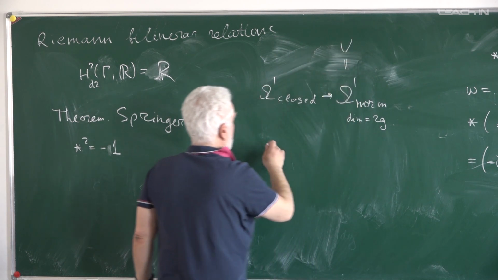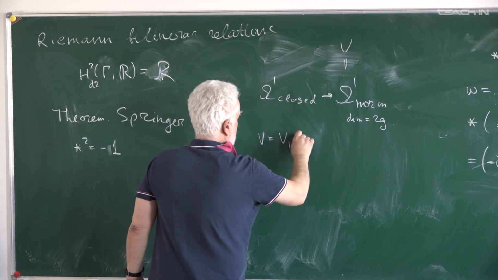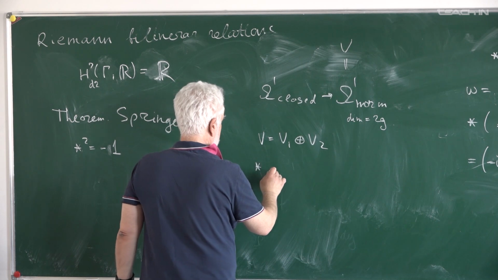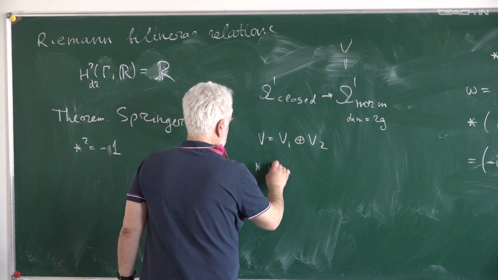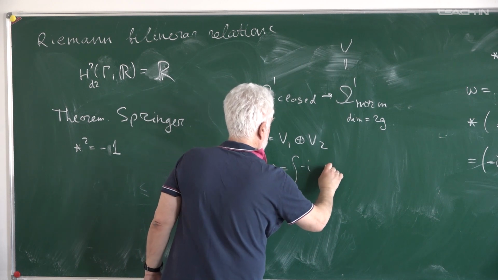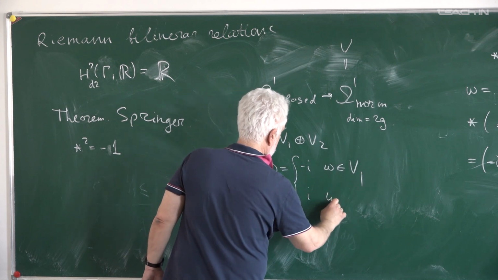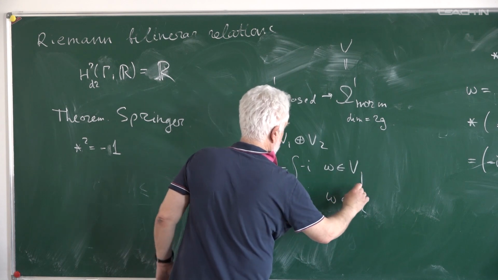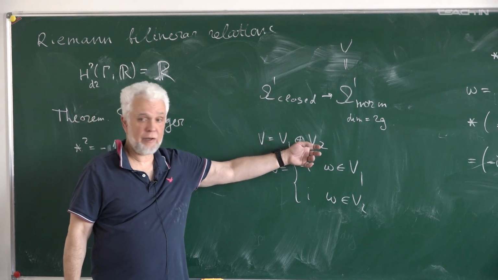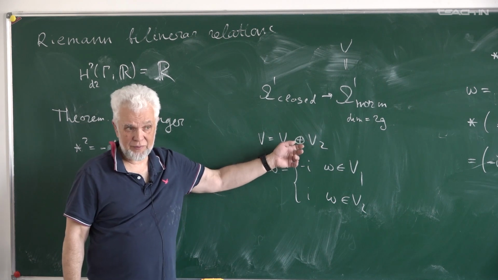So we have V, the eigenspace with eigenvalue +I, and the eigenspace with eigenvalue -I.